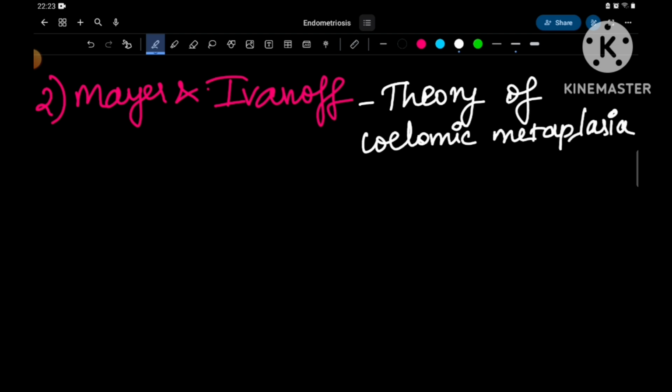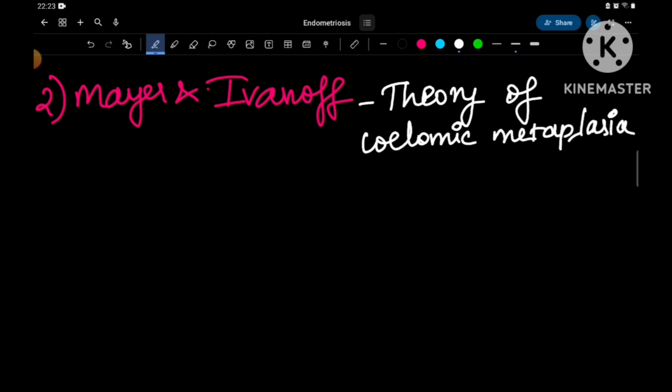Okay, metaplasia. This theory is also proposed, but we commonly don't call it a metaplastic condition. You know, guys, there are many surgical conditions where you can see columnar to squamous to columnar transition and all, right? But endometriosis is commonly not called a metaplasia. That's why in the starting I said that though it is similar to a metaplastic condition, it is not called a metaplasia, right? But Mayer and Ivanov suggested this theory of coelomic metaplasia.